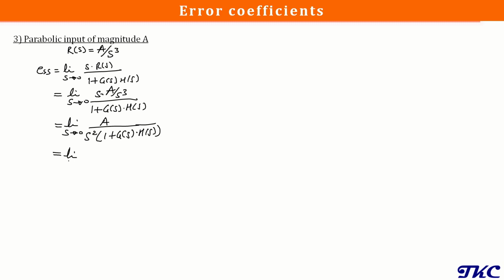So it will be limit S tends to 0 A by S square plus S square into G of S into H of S. So now let's apply the limit.